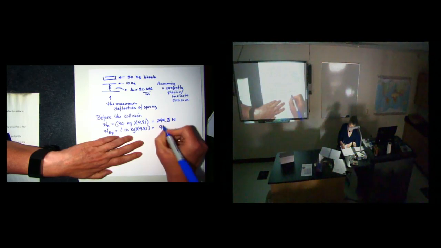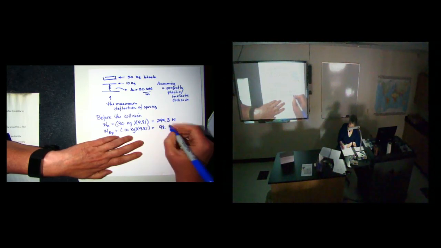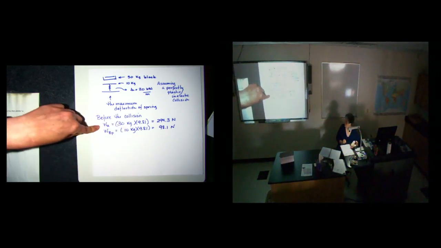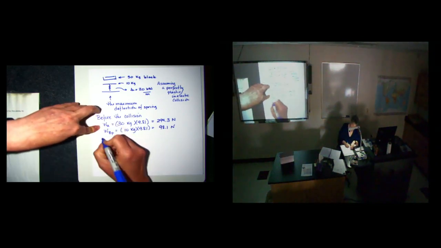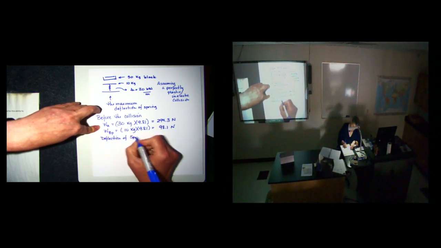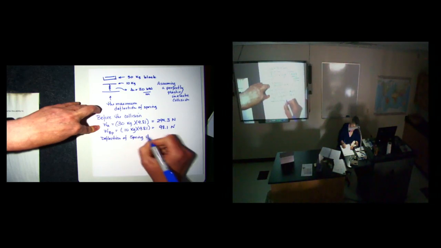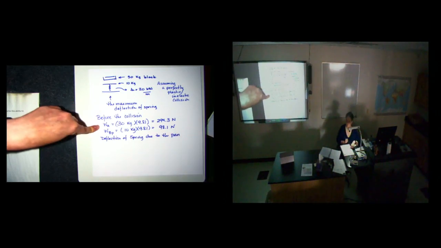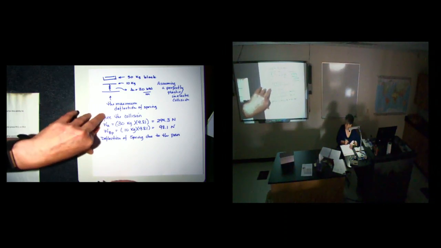So the weight divided by k is going to equal x. That's my 10 times 9.81, divided by 20 times 10 to the third. I get x equal to 4.91 times 10 to the minus 3 meters. So this is the deflection due to the pan.